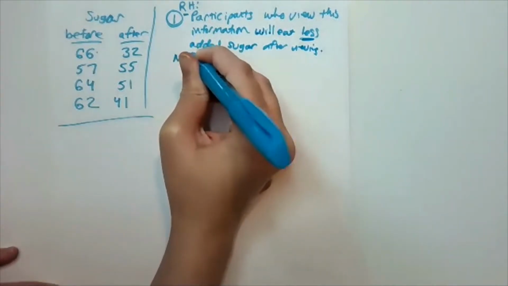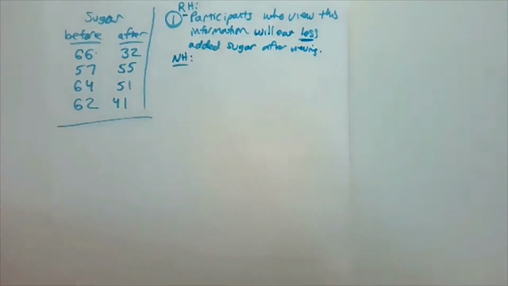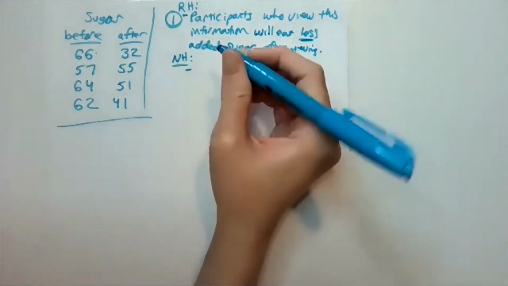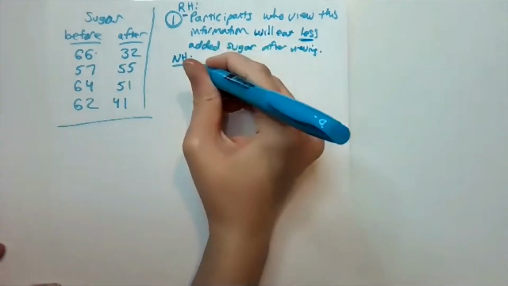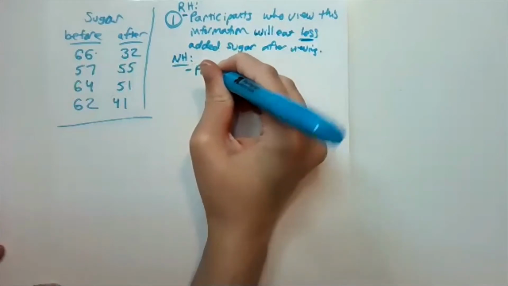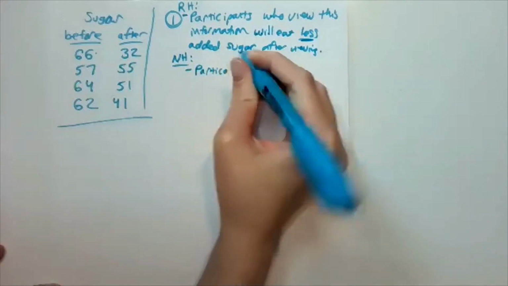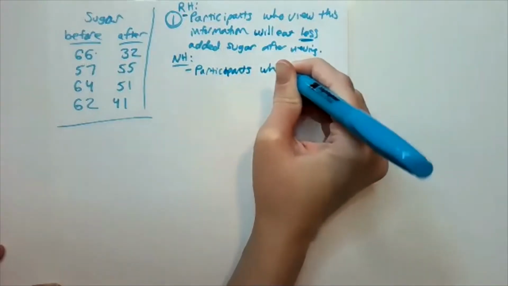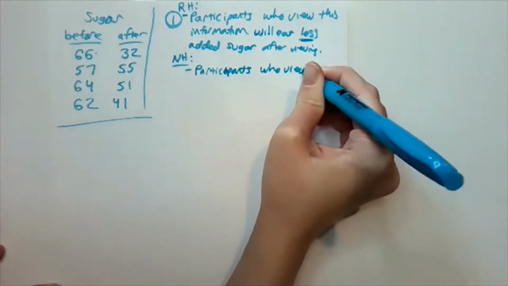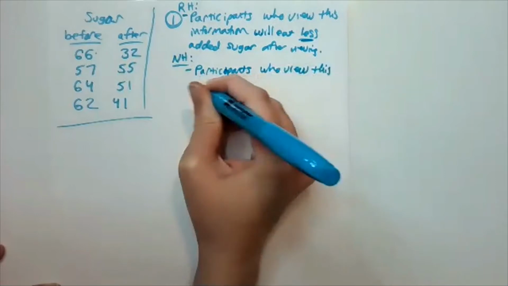For my null hypothesis, we know that it says the research hypothesis is not true, that there's no effect of this information that I've given these participants. So I'm going to start off the same way: participants view this information.